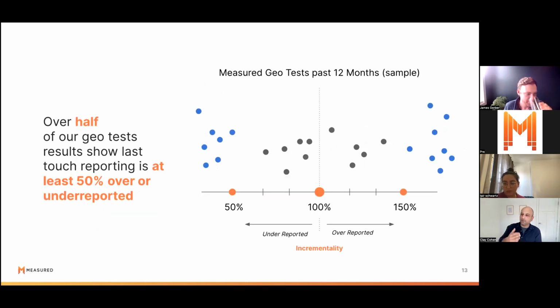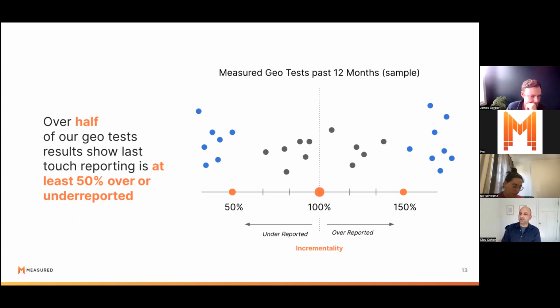So this is a representation of our tests over time, because a lot of people will ask us, well, how different are the results? How common is it that Facebook is underreporting or overreporting? And again, these are not just Facebook. This is actually across a variety of different platforms. We know today's topic is about Facebook, but we geotest a ton of different channels across the funnel for different marketers.